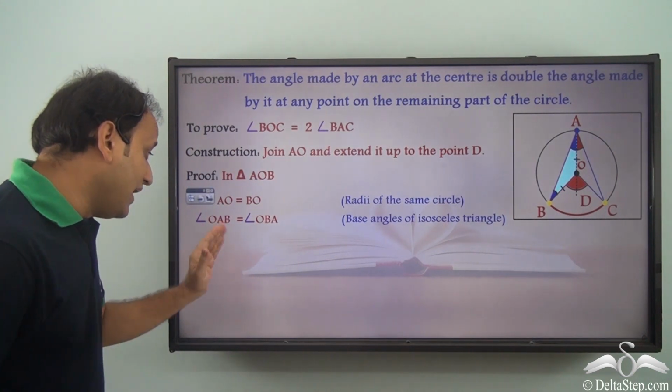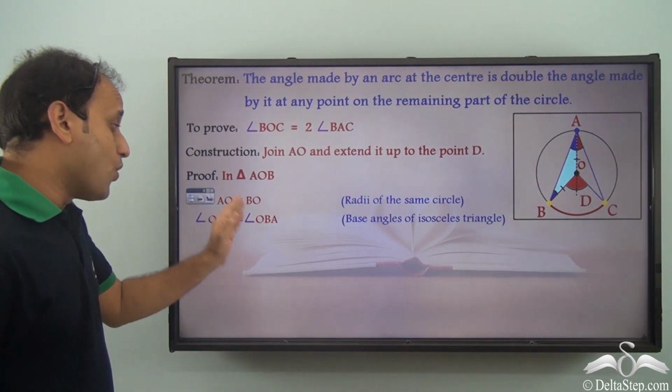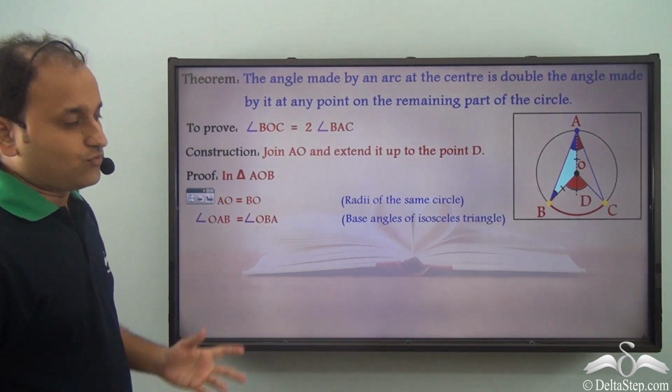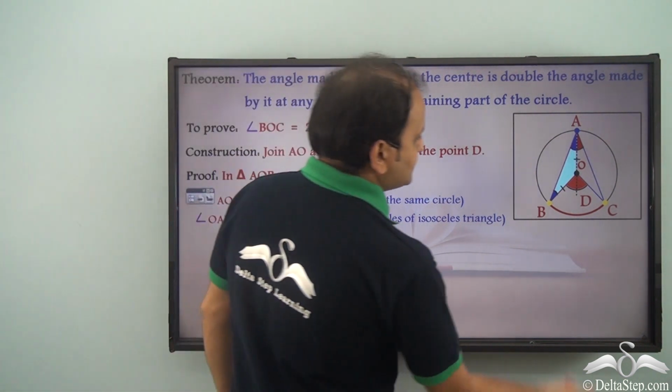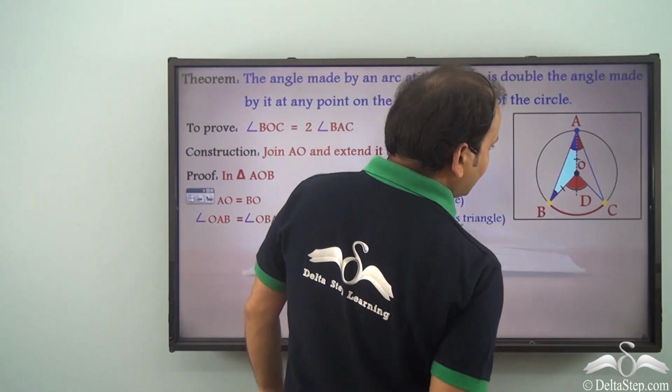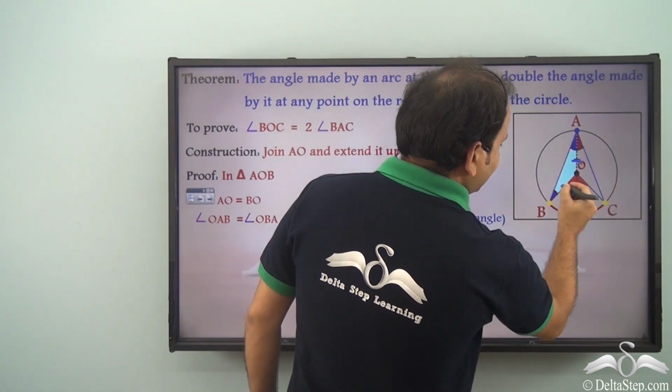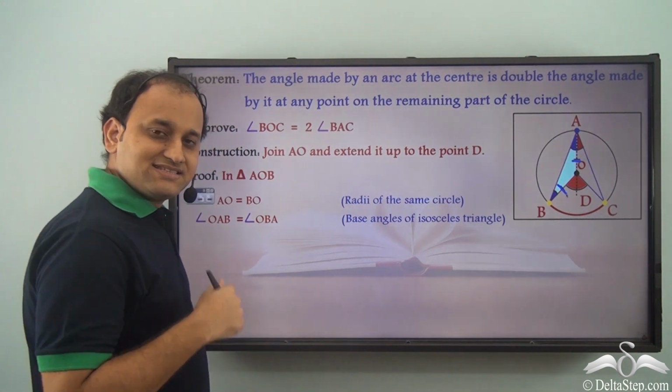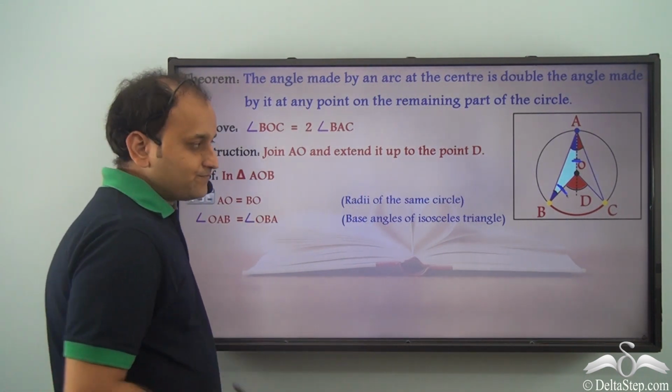Next, angle OAB is equal to angle OBA. Why do I say so? Because this is a triangle, and in this triangle we know that these two sides are equal in length.